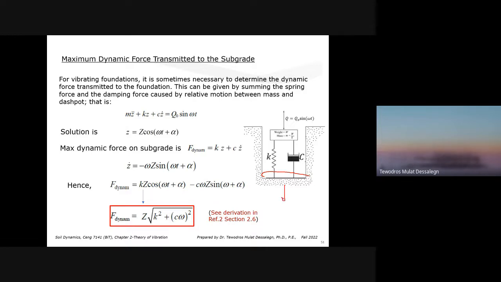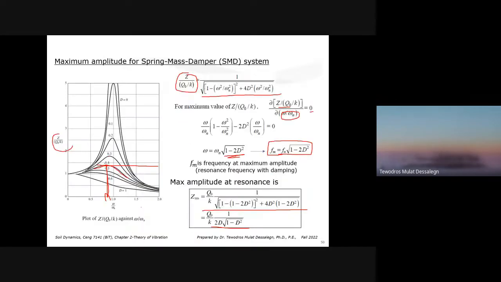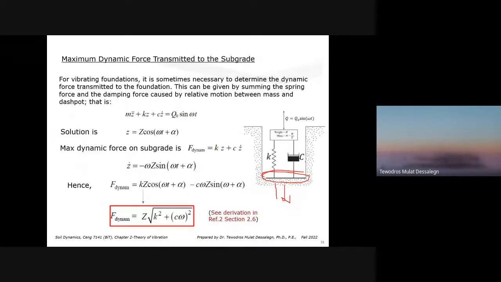Because finally, what we want to determine is how much settlement we have and how much bearing capacity the soil has. So we should know how much force is passing. And these peak values help us find the maximum force passing to the subgrade. So for vibrating foundations, it's sometimes necessary to determine the dynamic force transmitted to the foundation.